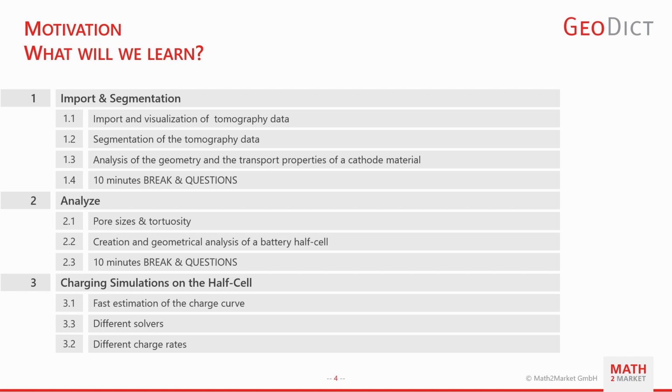In the next step, we are going to visualize this tomography data in GeoDict, and we are going to make the segmentation. After doing the segmentation, so that means we assign each pixel or each voxel to a fixed material ID, we will analyze the pore space, and then we'll also calculate the pore size distribution.